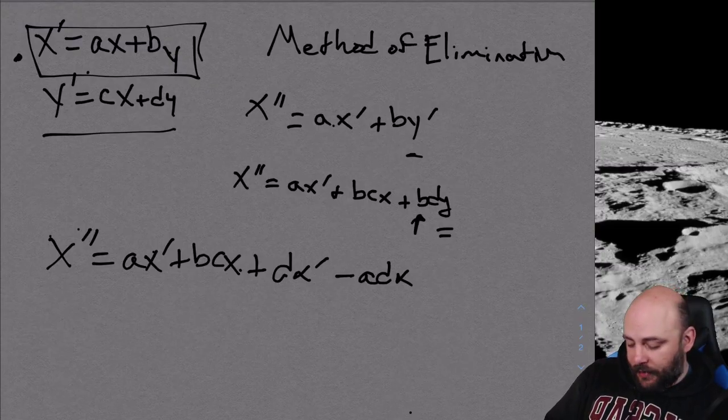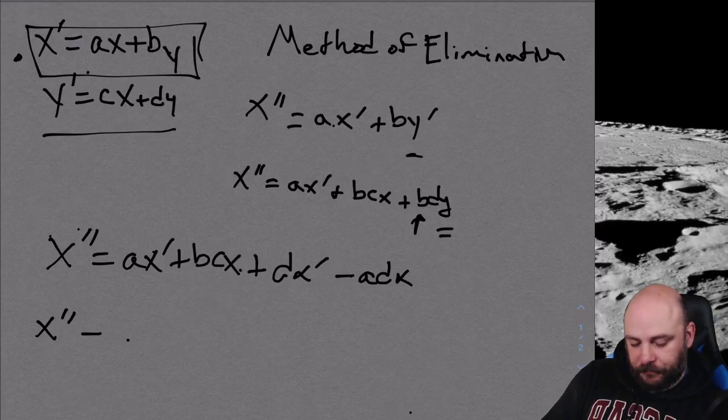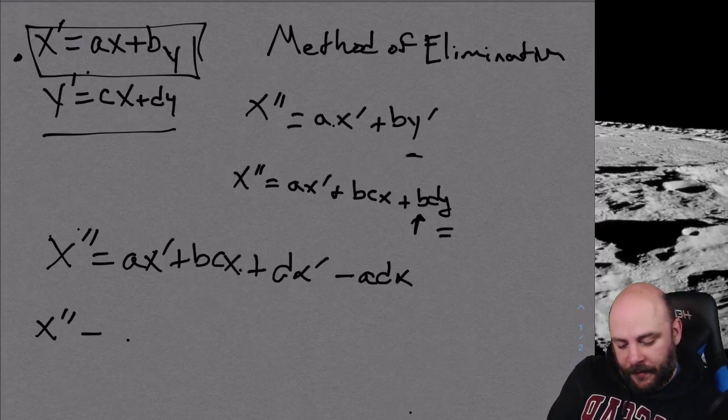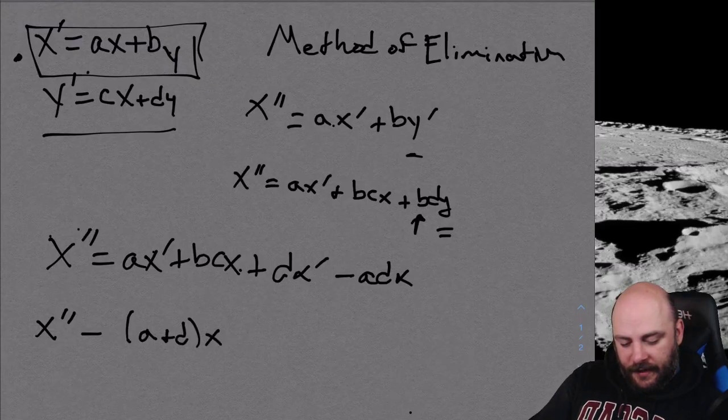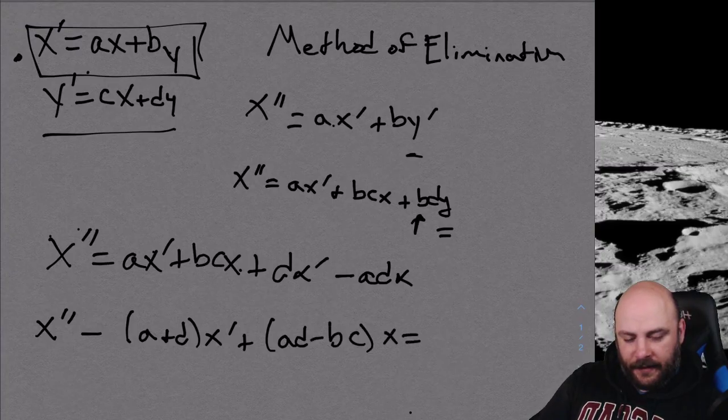Okay, I'm going to rearrange all of these terms in group-like terms according to their power of the derivative on x. So I have x double prime minus (a plus d) x prime plus (ad minus bc) x equals 0.